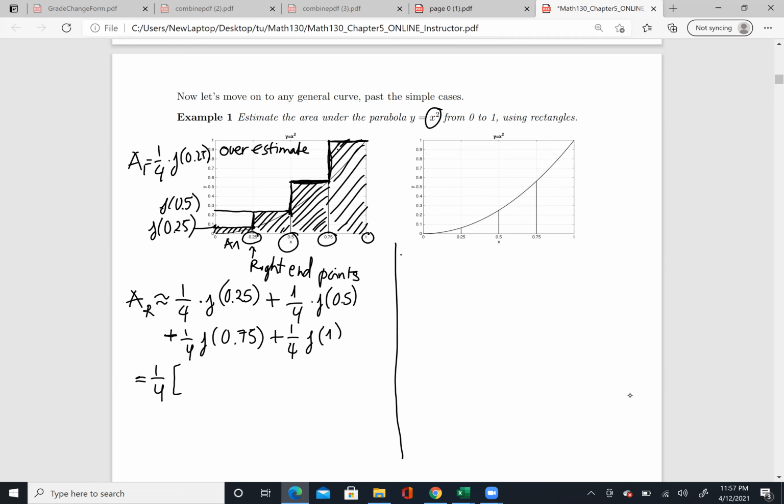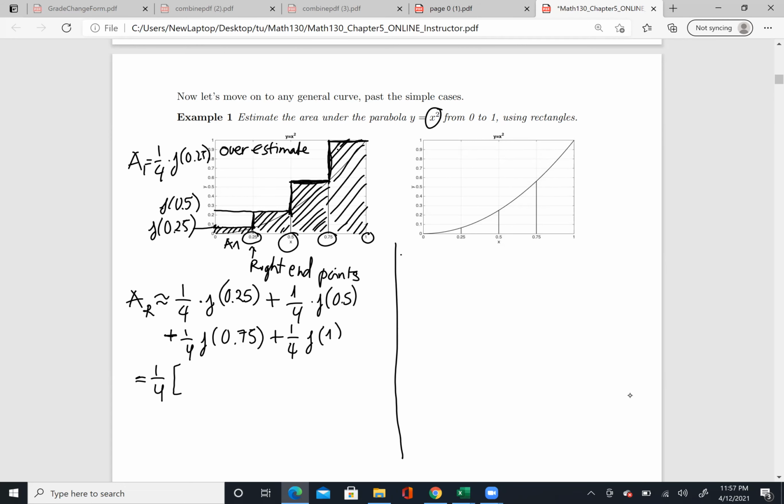From 1 to 2. So estimate the area under the graph y equals square root x between a equal to 1 and b equal to 4. So a equal to 1 and b equal to 4, right? And we want to use midpoint and 3 rectangles.